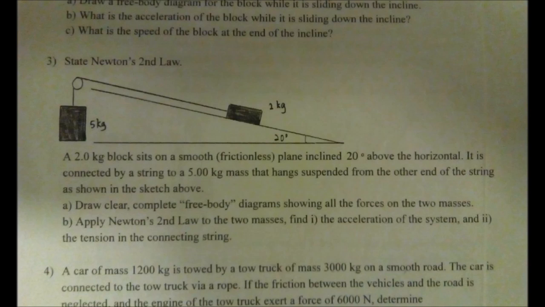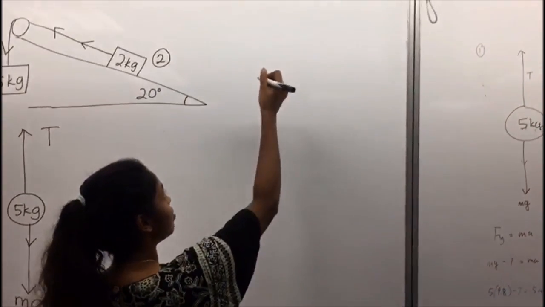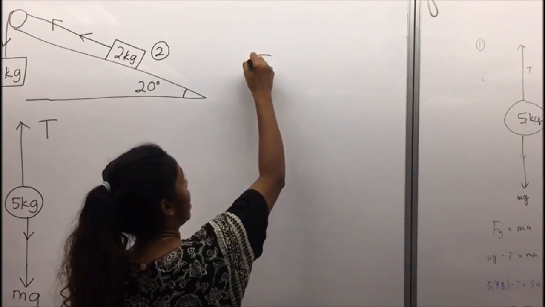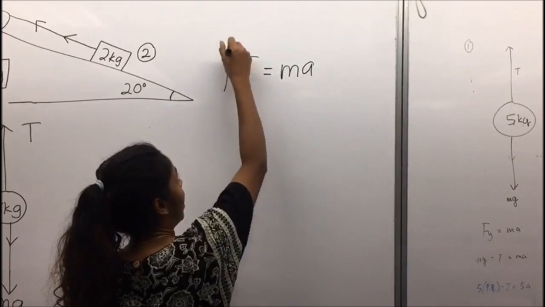After you have identified the free body diagrams for the two masses, let's move on to part B. They're asking for the acceleration of the system. In order to find it, you must use Newton's second law's algebraic expression. To recall, Newton's second law states that F equals ma.